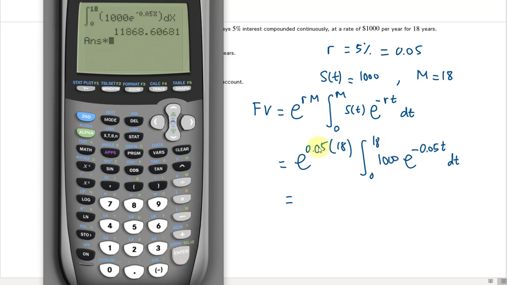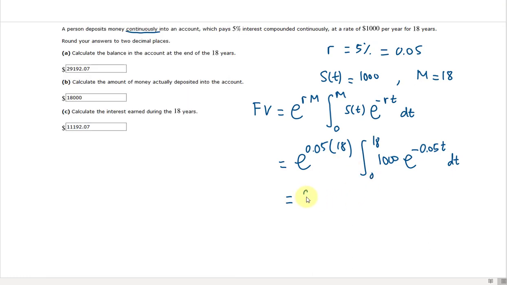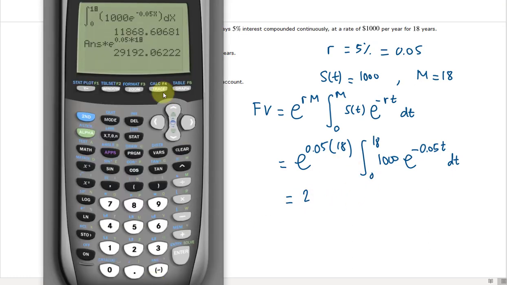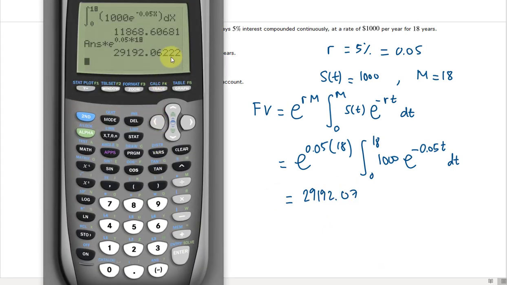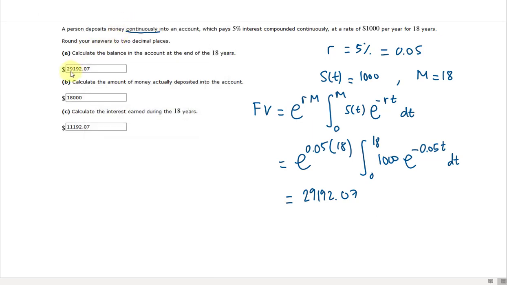Make sure we multiply by e to the 0.05 times 18, and that gives me 29,192.06, and we round it to 0.07. Right, we can round it to 29,192.07. Okay, so they round it a little bit differently.